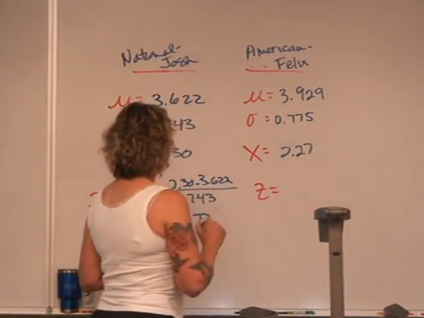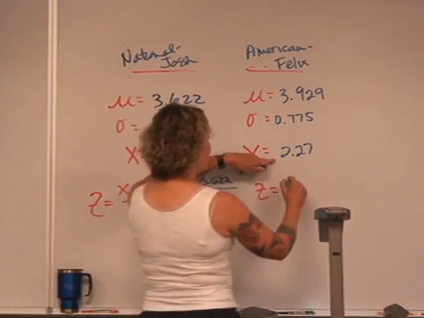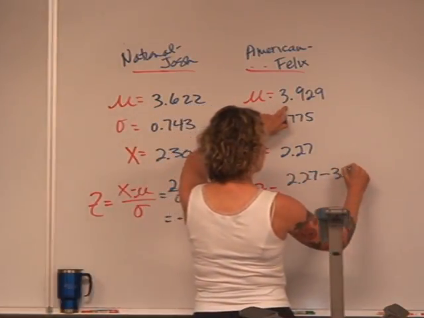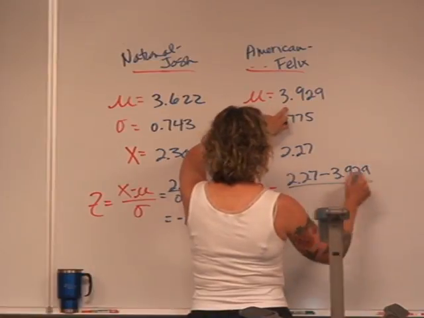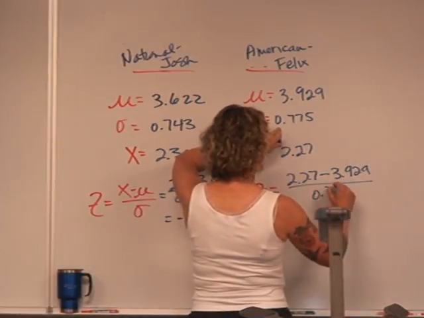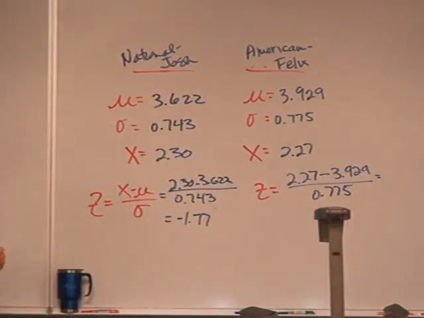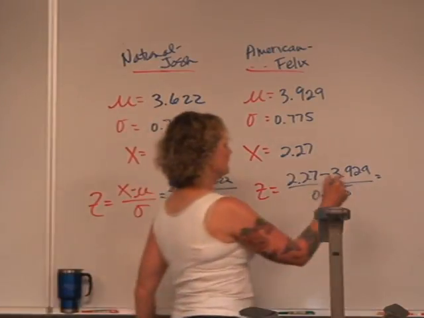Okay. So to find his Z-score, take his ERA, subtract the mean, divide by standard deviation. And what did we get? Negative 2.14?